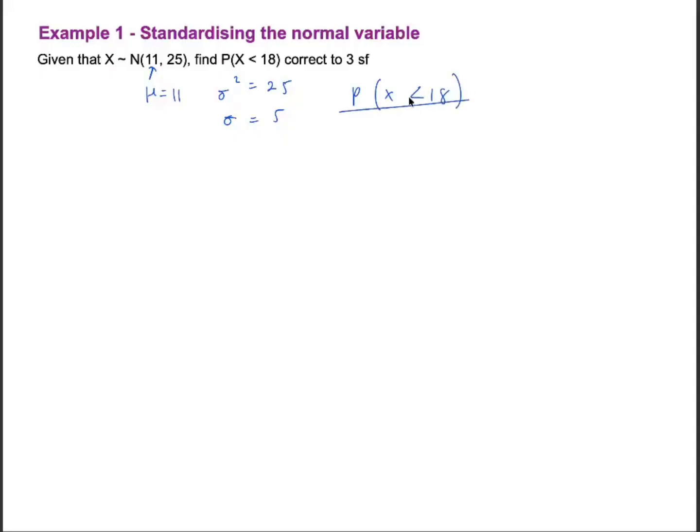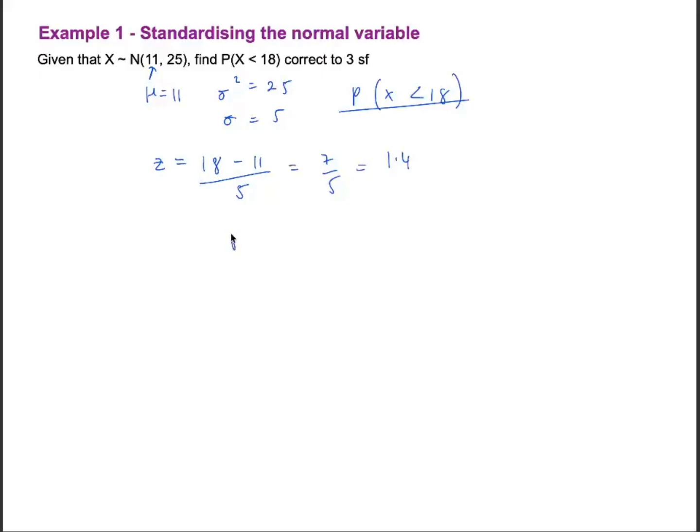To do that, we need to first convert x into your standard normal distribution, which means we'll use our formula to find our value of z: z is equal to your value of x, which is 18, minus your mu, which is 11, divided by your sigma, which is 5. This will give us 7 over 5, which will give us 1.4.